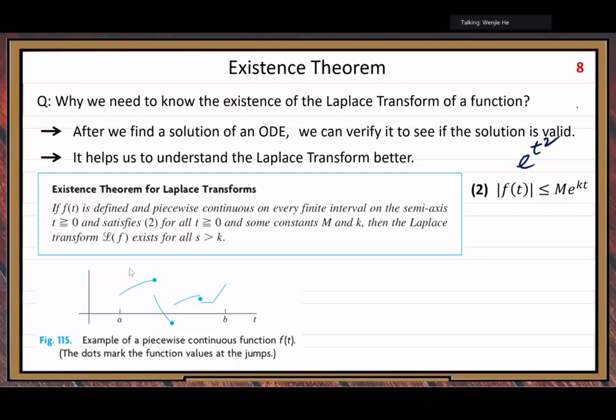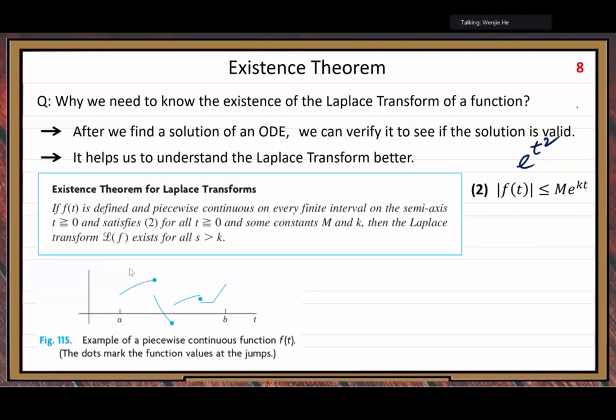If you take the Laplace transform, the integral does not converge, because this function breaks the kernel quickly. The kernel is e to the negative st, but this t squared quickly dominates that kernel part.